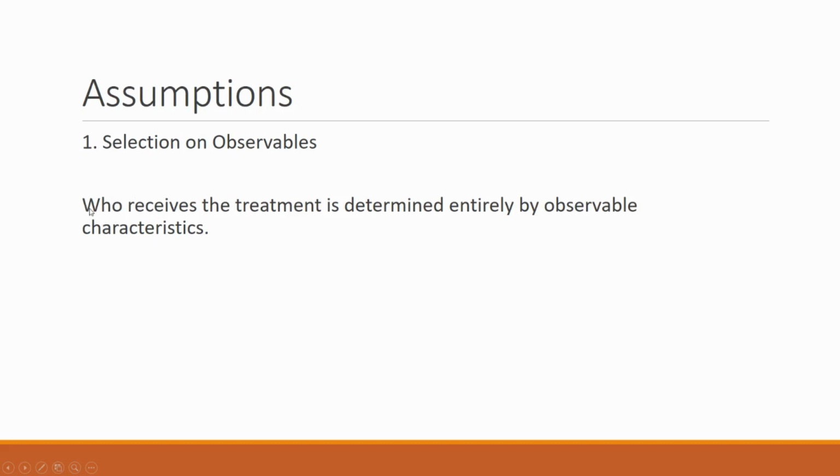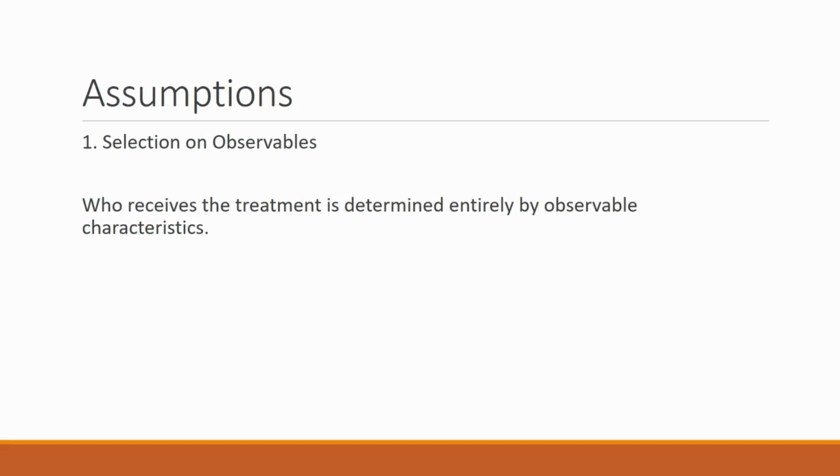All right. So selection on observables means that whoever receives the treatment was determined entirely by observable characteristics. All right, so here's the idea. Selection, when I say selection, that means who is in the treatment group, who has the treatment and who does not.